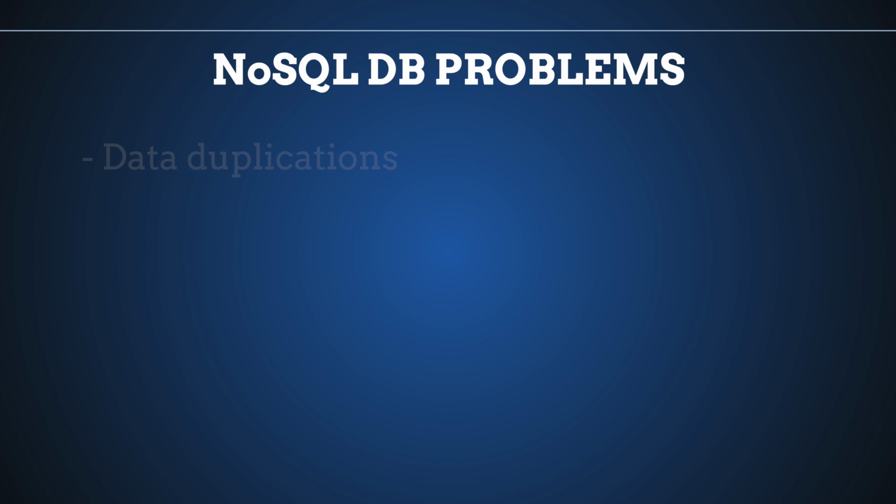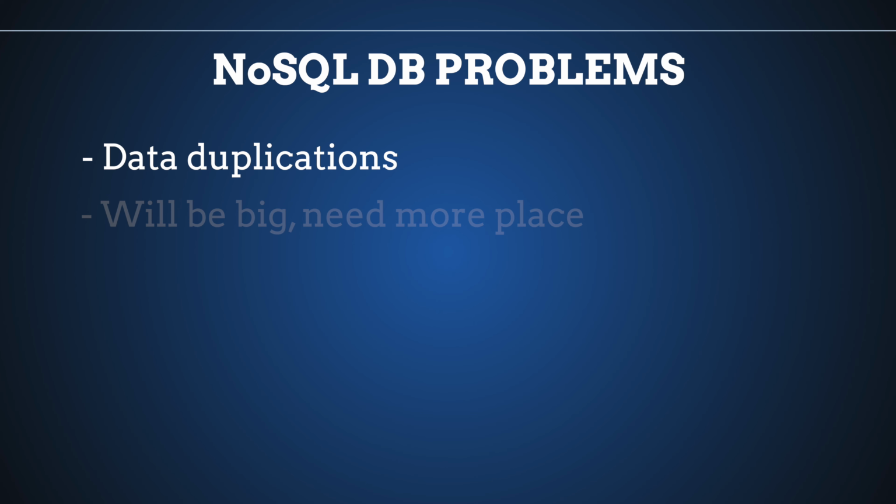And now I want to sum up 3 main problems that I see in NoSQL databases. And first of all, it is data duplication. This is why I am not a huge fan of NoSQL databases, because your data is not situated just in one place, which actually means you should not forget to update your data everywhere, and it can be time consuming. Secondly, your NoSQL database will be much bigger, because actually you duplicate data, which means it will take more place.